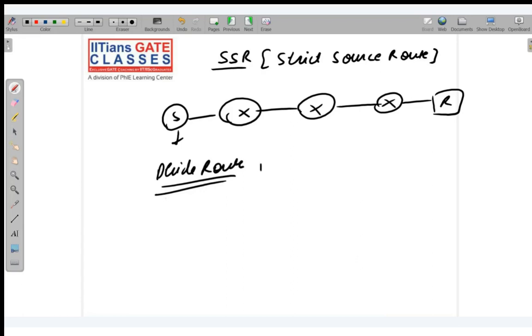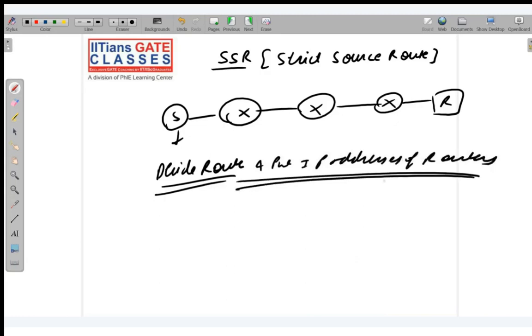The packet will start from the sender and move to this router. If the IP address of this router is in that list, only then will it forward the packet; otherwise it will discard the packet, and an ICMP error message will be sent to the sender.